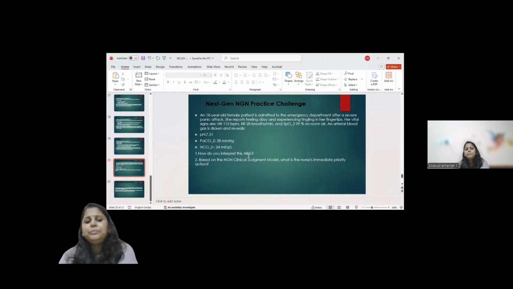Based on the Next Generation clinical judgment model, what is the nurse's immediate priority action? You have time to work on it. I will give you 5 minutes, so let's work on these values. Interpret the results, then tell me the priority based on clinical judgment.